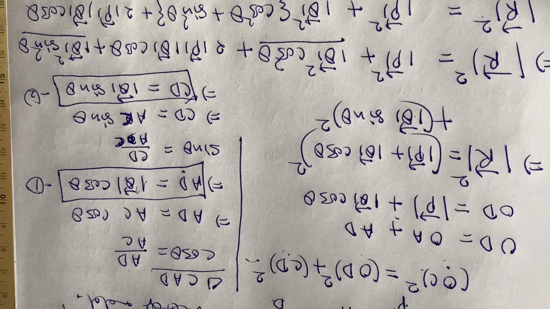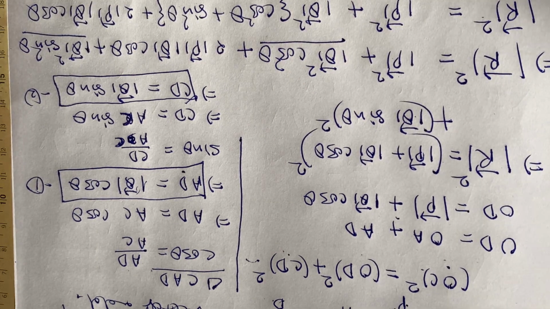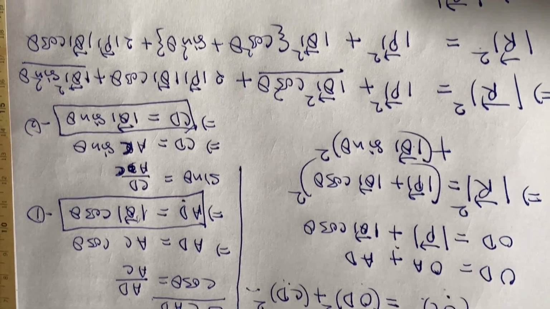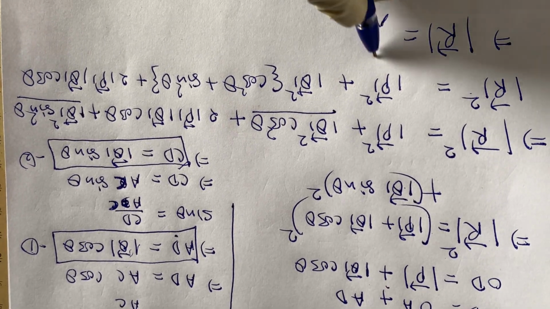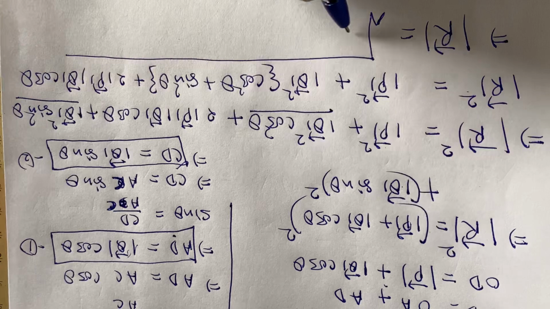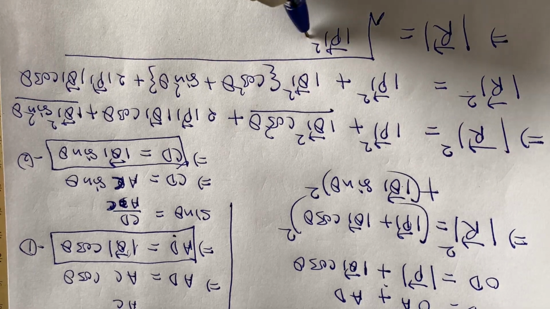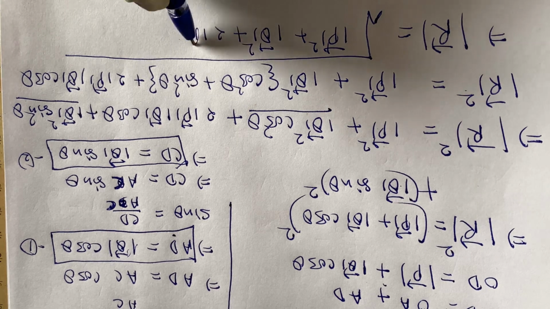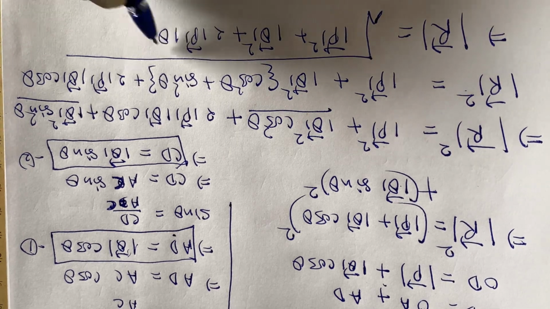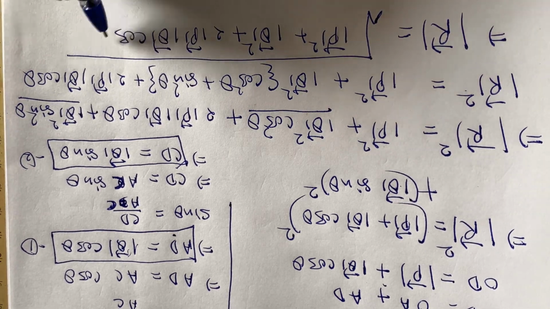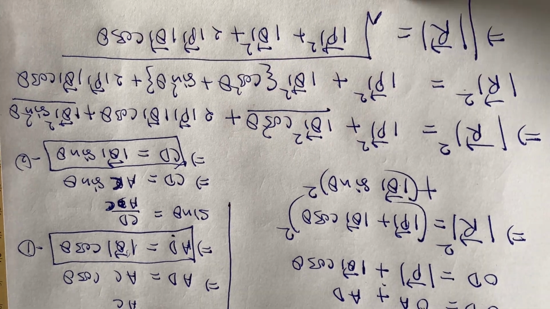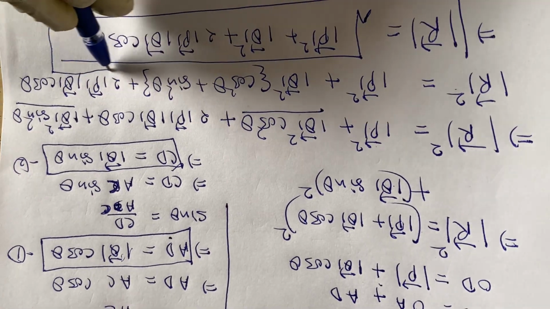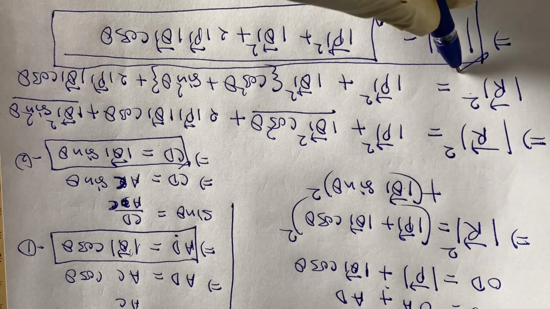So the resultant R vector magnitude comes out to be the square root of mod of P square plus mod of Q square plus 2 times mod P mod Q into cos theta. That's an important relation, and this is called the law of parallelogram.